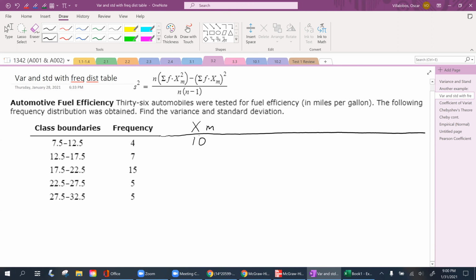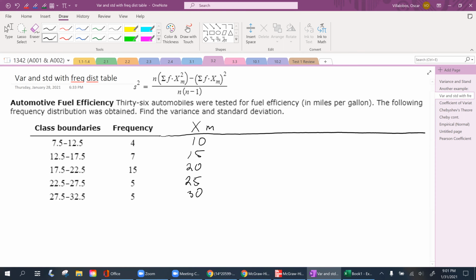For the second class, 12.5 plus 17.5 divided by 2 gives me 15. The next is going to be 20, and we know this is going to give me 25, and 30. There we go.